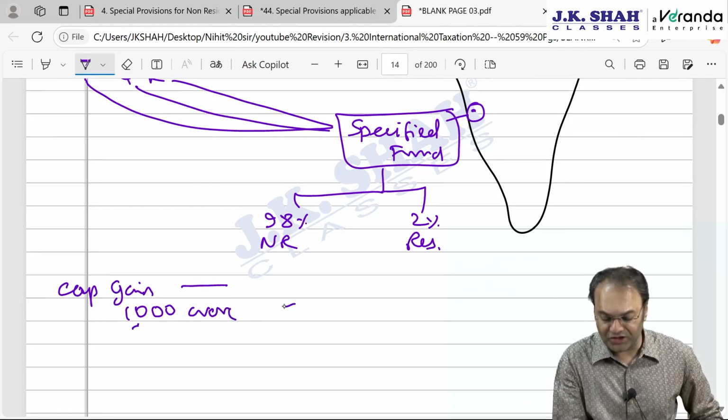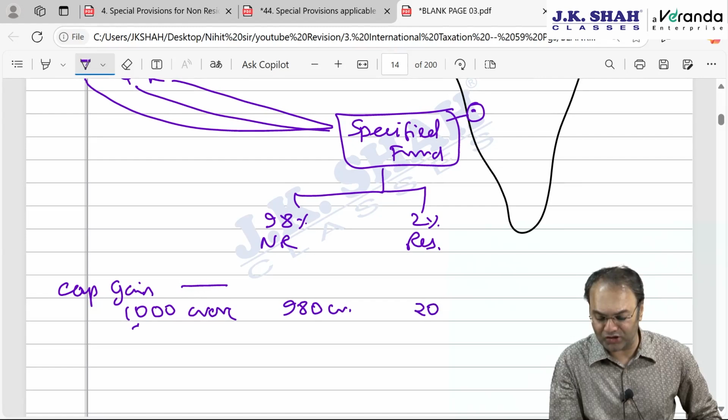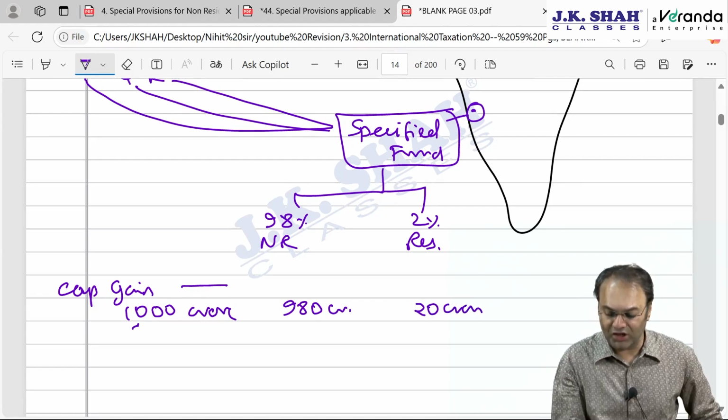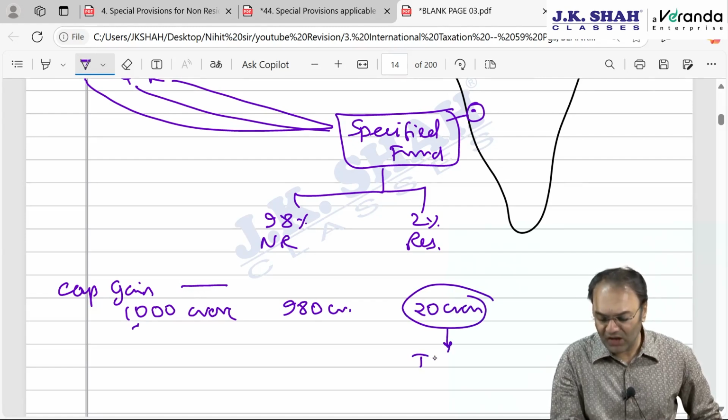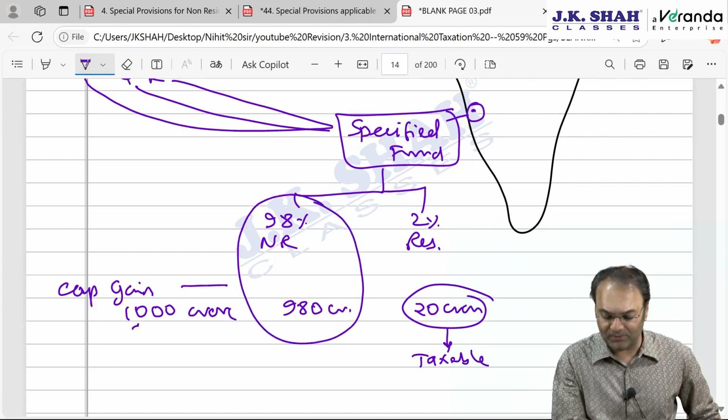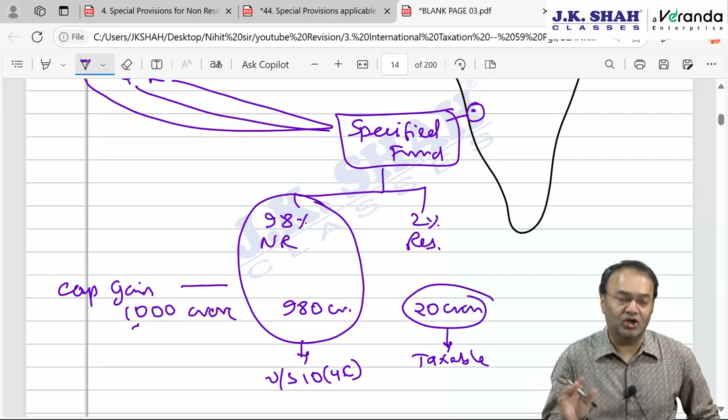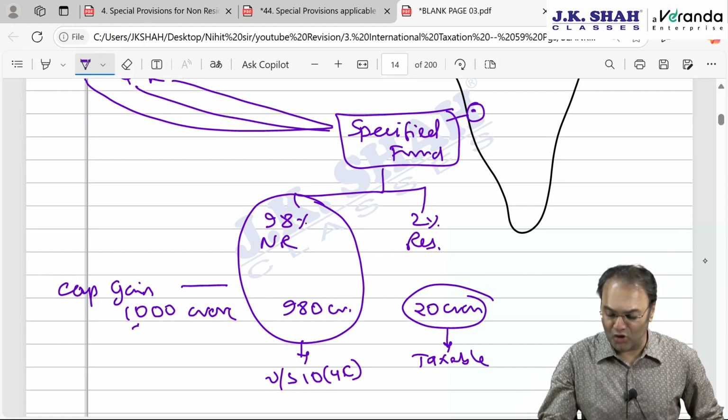Out of that, 980 crore pertains to non-resident investors and 20 crore pertains to resident investors. 20 crore will be taxable. Exemption will not be available with regards to this, but exemption will be available under section 10(4)(d) with regards to that much income which pertains to non-resident investors or non-resident unit holders.